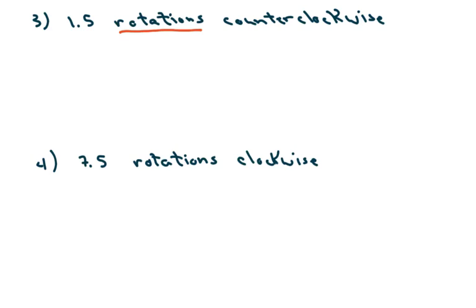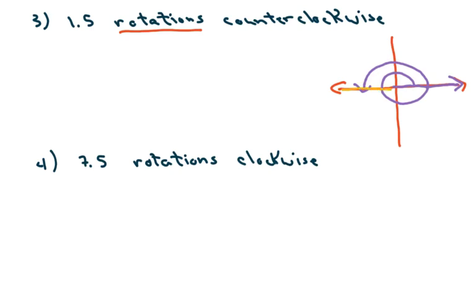So when they're saying counterclockwise, one complete rotation is like that. That's how they do it. So this would be your terminal side, initial and terminal side there. But they want 1.5, so you go again. So your terminal side would be right here.